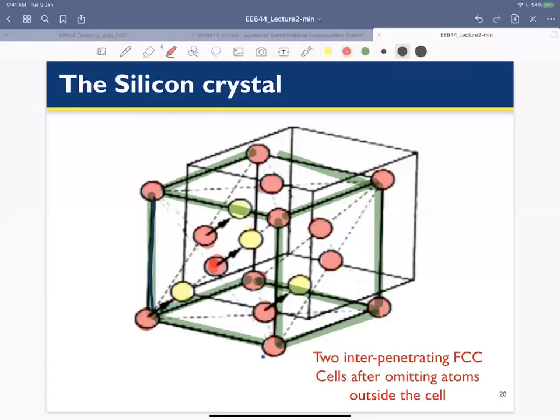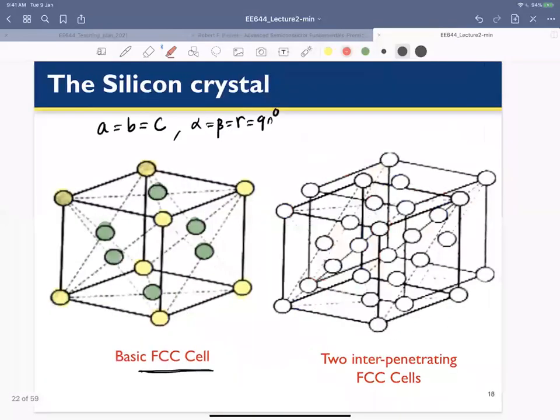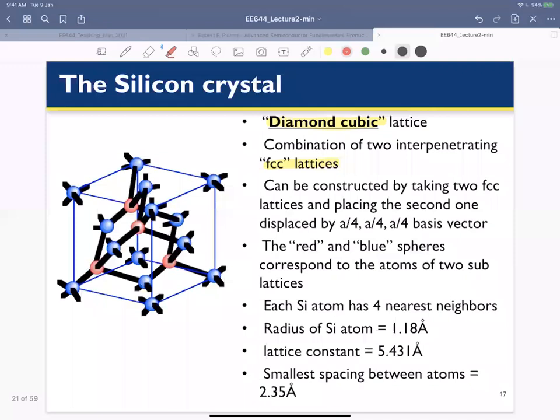So the diamond cubic crystal, if I come back to my original silicon crystal that I have shown you, there are two interpenetrated FCC lattices, but what is kept is only 4 atoms from the second lattice, because those 4 atoms are inside the first FCC lattice, right?